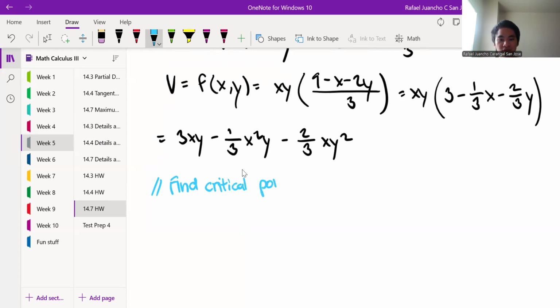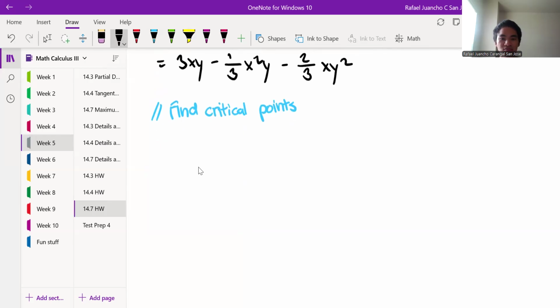Okay, so same thing again. I find critical points. I take my partial derivatives with respect to x and y.